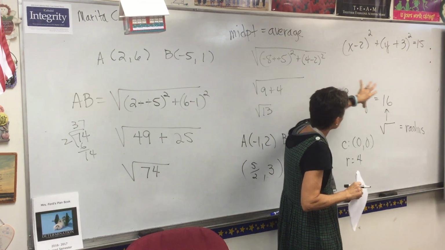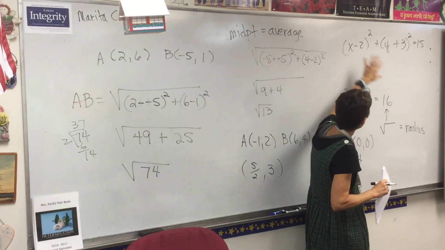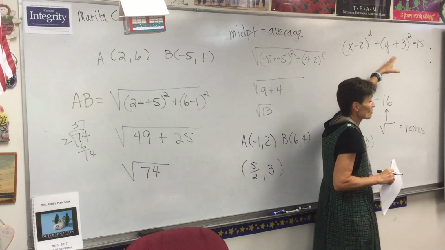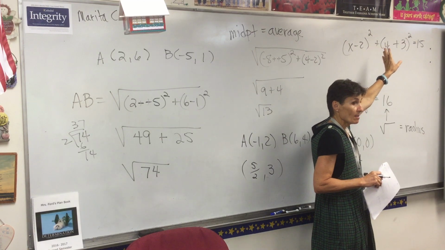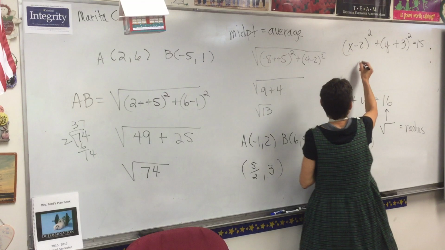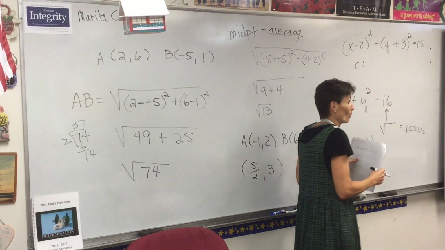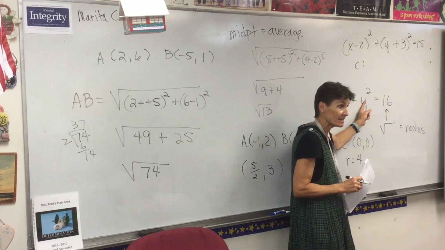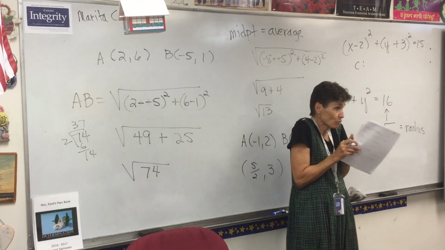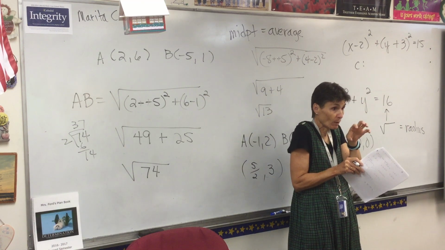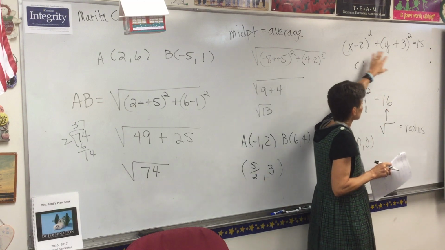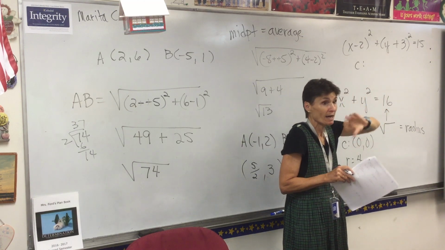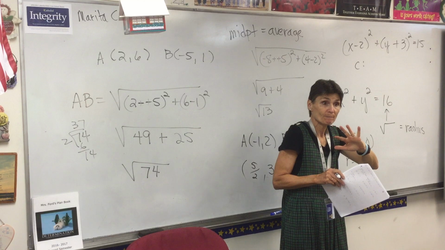It's x squared and y squared equals a number. But you see how there's extra stuff in there now? That means the center is not at the origin anymore. If you haven't added or subtracted anything from your x's, then you're at the origin. That's the beginning point. If you start adding and subtracting to the x's and y's, you're moving your center.